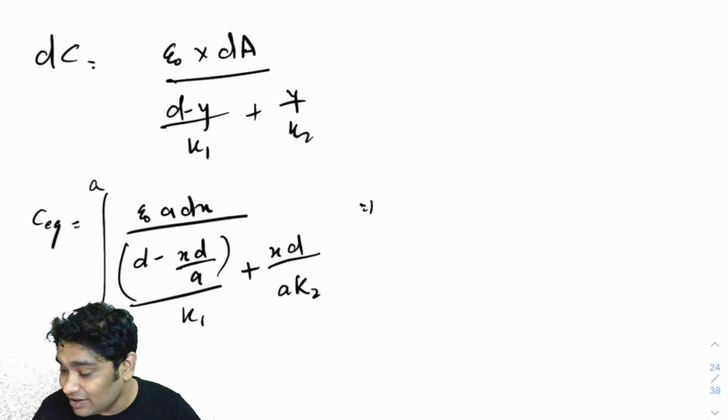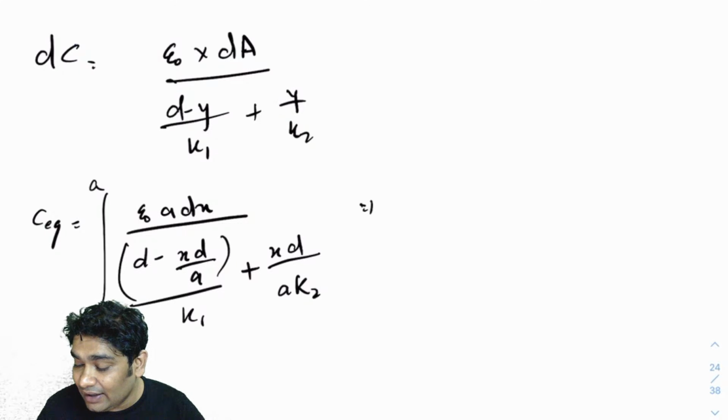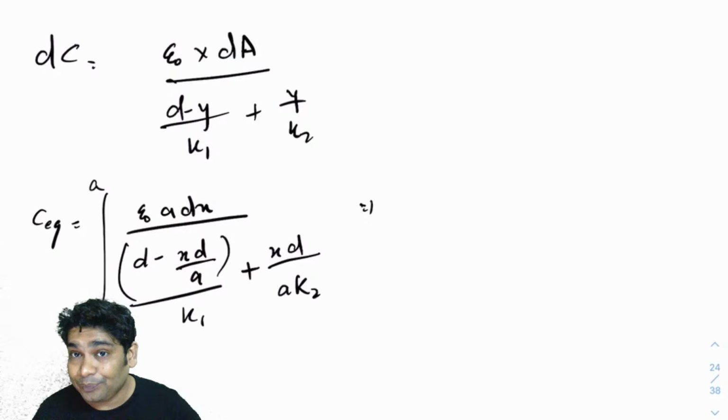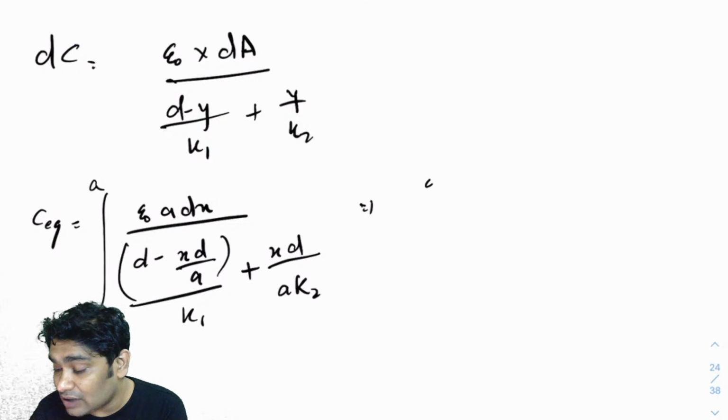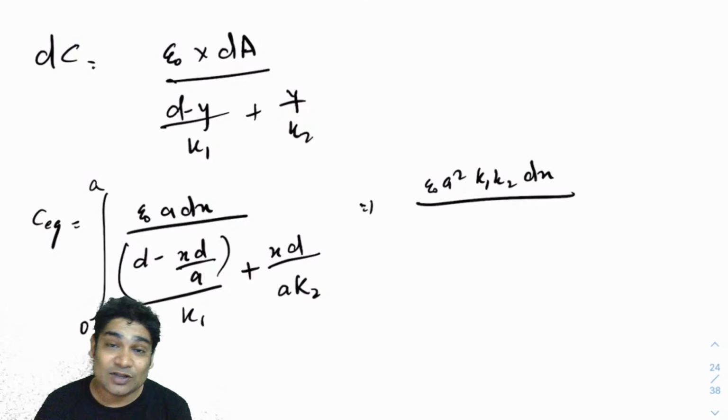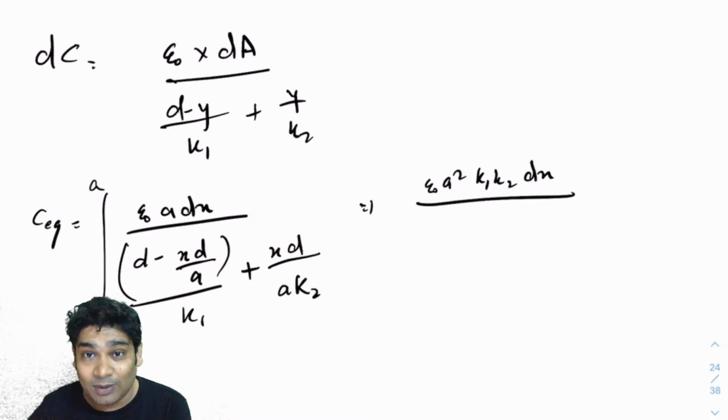So let's see. I will take a times k1 k2 as the denominator. Then I have epsilon naught a square k1 k2 dx. This is what I am getting in numerator. And let's talk about the denominator.